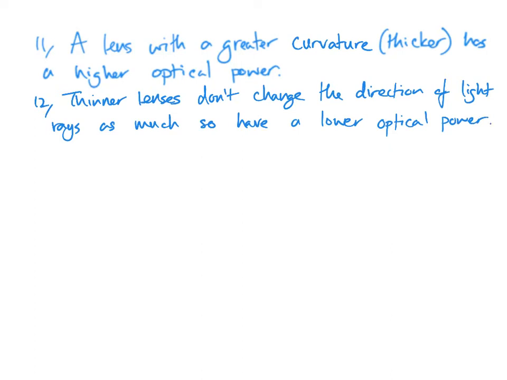So they have a lower optical power, and obviously vice versa. Thicker lenses do change the direction more, so they have a higher optical power.